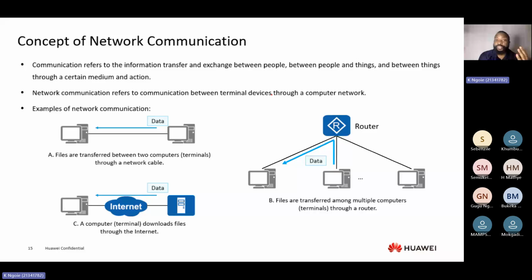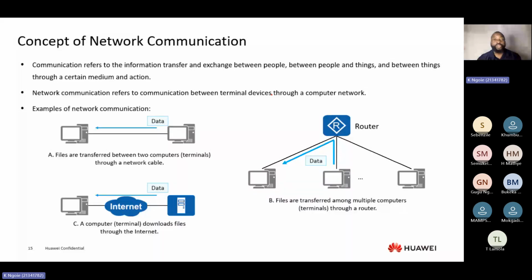That can be computers, phones, servers, Internet of Things. All these data are being transferred using a network. The network can be cables, or we have Wi-Fi, fiber, satellites. That is what we call network communication.